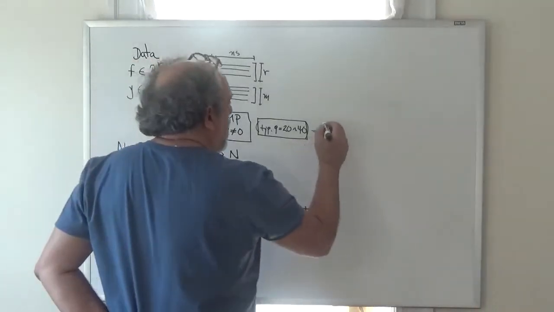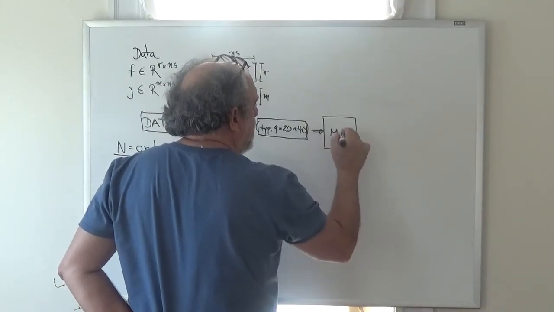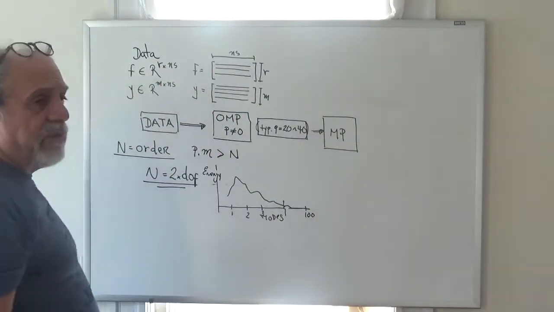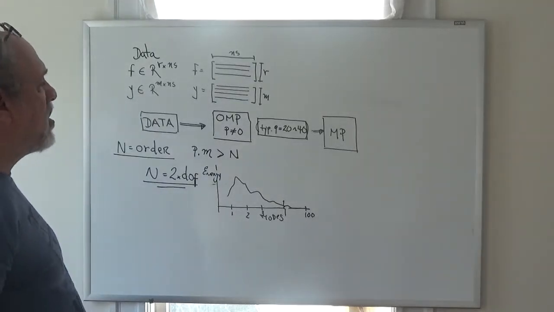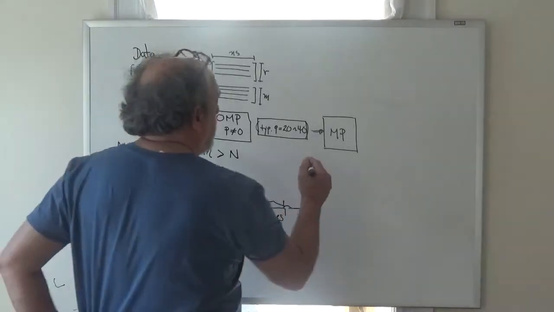Now from the observer Markov parameters then, we extract Markov parameters. And that's the unzipping of the file. When we extract Markov parameters, the user has another decision, which is how many.